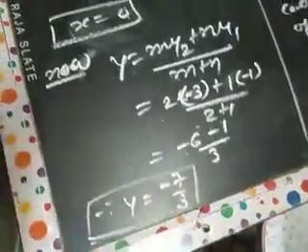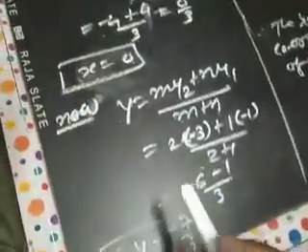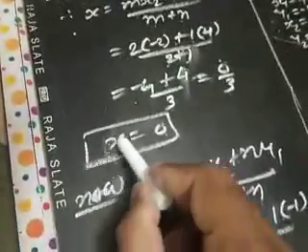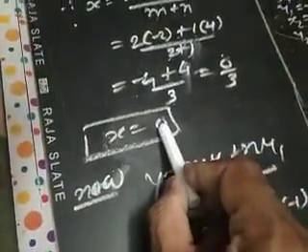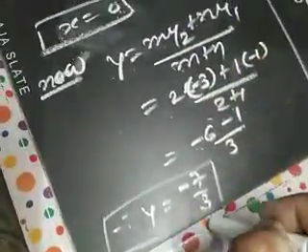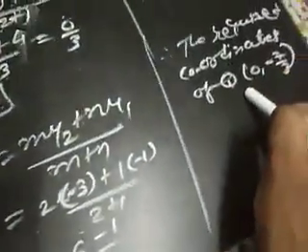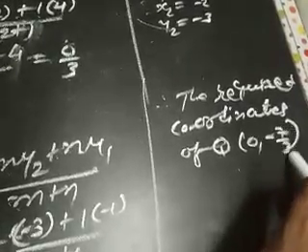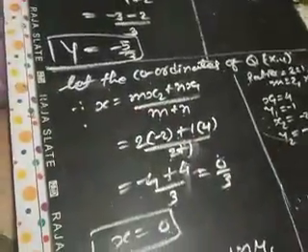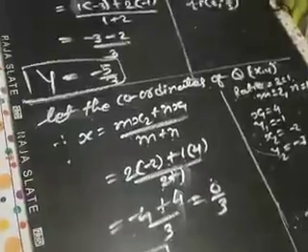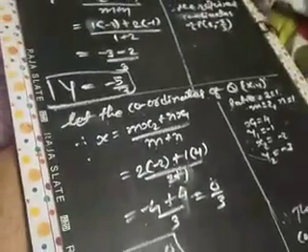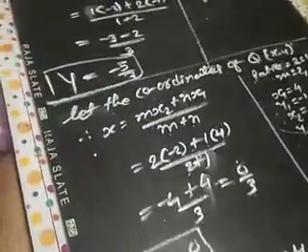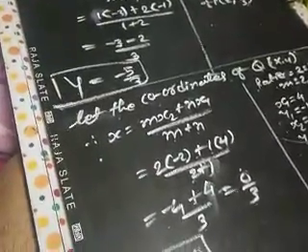So x is equal to 0, y is equal to minus 7 upon 3. So the required coordinates of Q are (0, minus 7 upon 3). So here we find the coordinates of P and Q when there is trisection. So this is answer number 2.